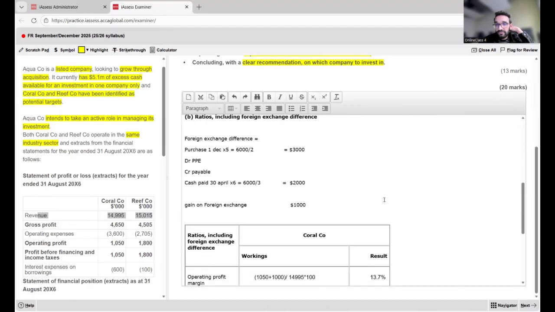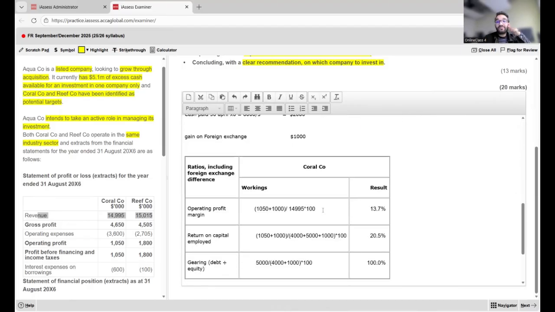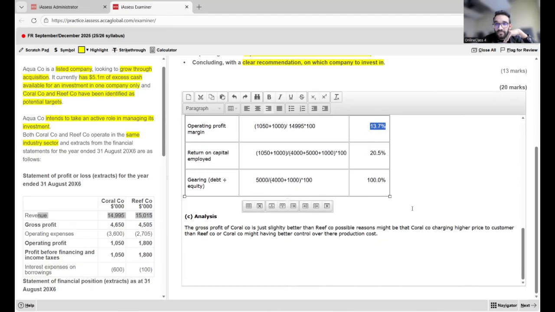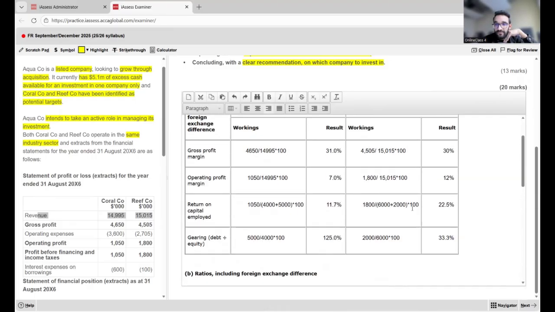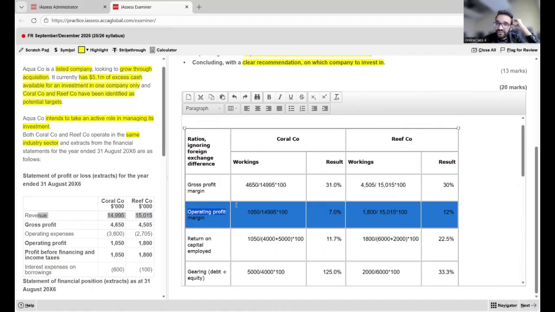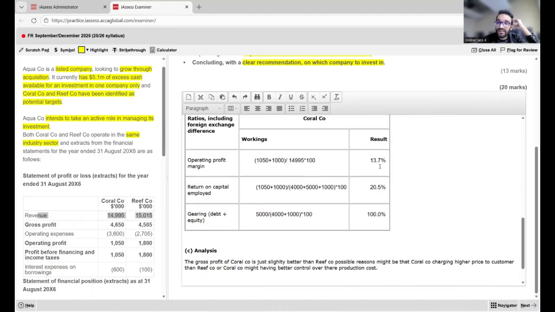But the situation has been changed. See, when we have included the gain, automatically profit has been increased. Now their operating profit margin has become better. It has become, let's say, 13.7. So what you have to do, you have to write first, compare this, then make sure that you comment on this adjustment as well. This is the right way you can do your analysis.